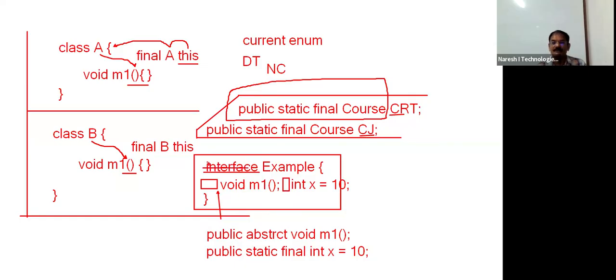If I take an abstract class instead of interface, abstract class example, will the compiler add all these keywords? No. So by using these keywords, we are telling the compiler, these are all missing, please add. Okay, I am not doing it, it is your responsibility.